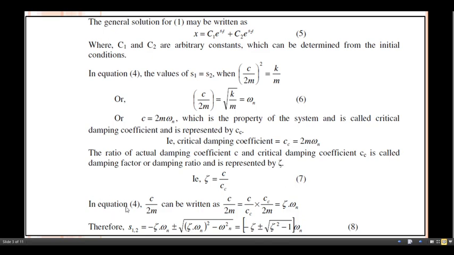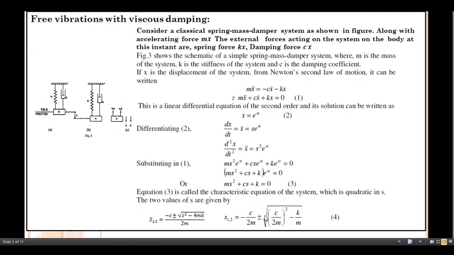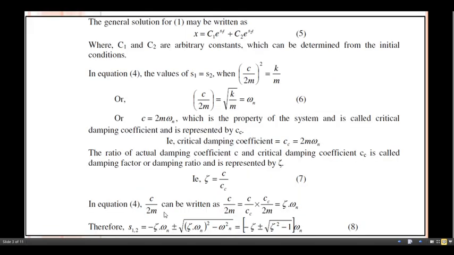So in equation number 4, c divided by 2m can be written as c divided by Cc multiplied by Cc divided by 2m. This first part is nothing but zeta, and this second part, if I take this 2m here, you get omega n. So zeta into omega n is the value for c divided by 2m.